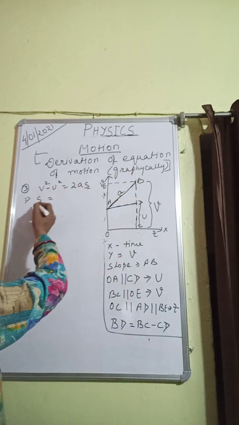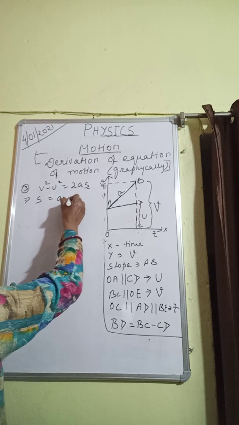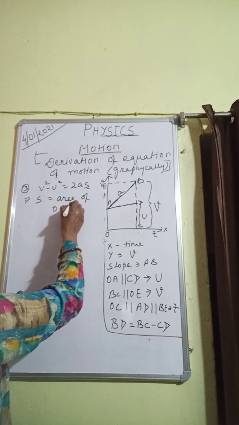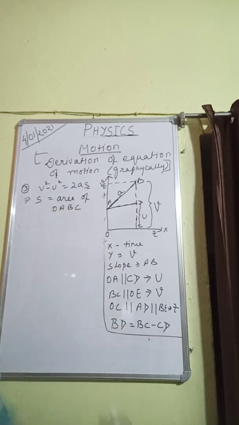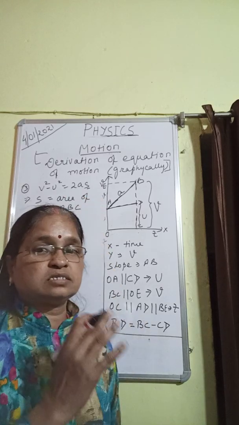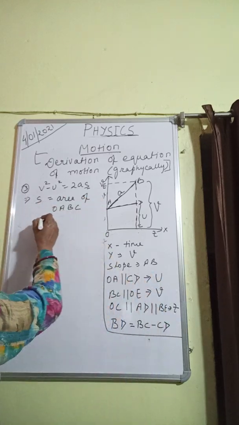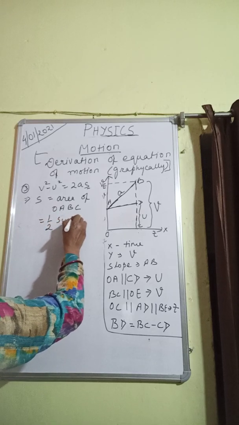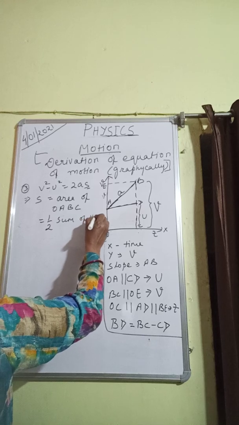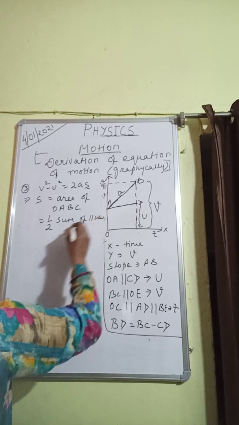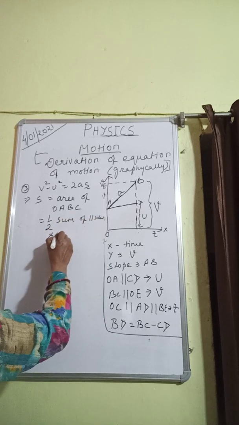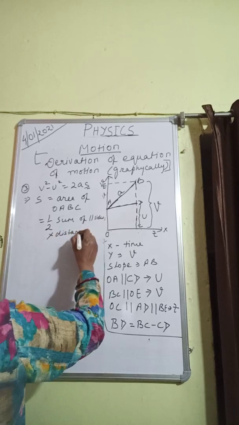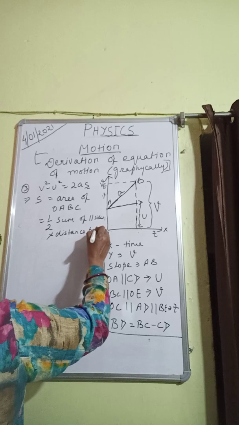So S is nothing but the area of trapezium OABC. Area of trapezium, students, you know its formula: half into the sum of the parallel sides into the distance, or height, between them.